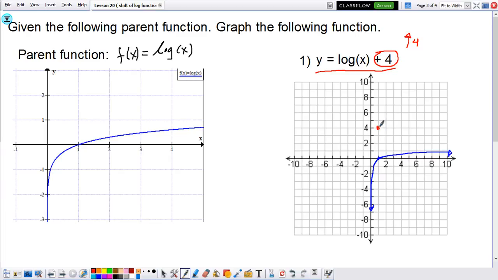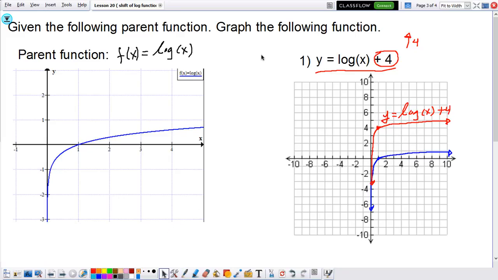And just copy the same shape. And that is it. Here in red, this is the graph for y equals log of x plus 4. Because if you add a number outside, it moves upward. So we got the original, and we moved the graph 4 points up.